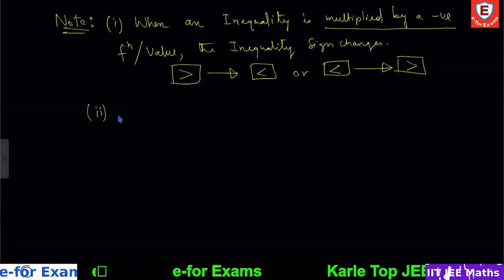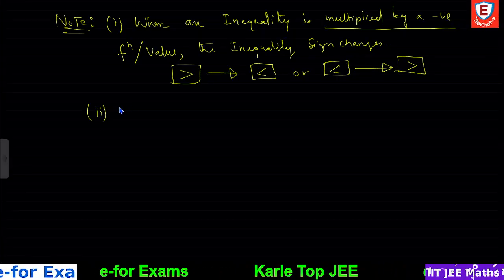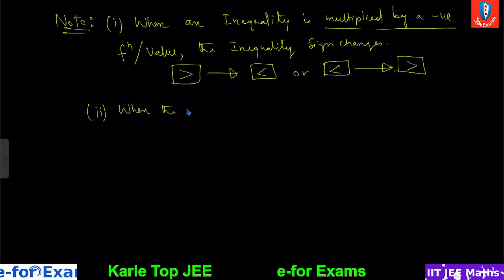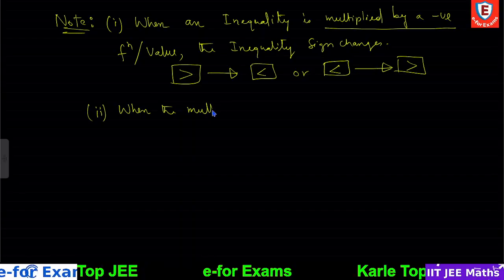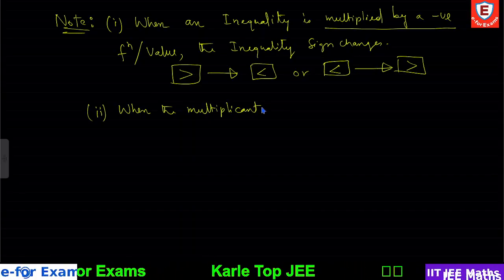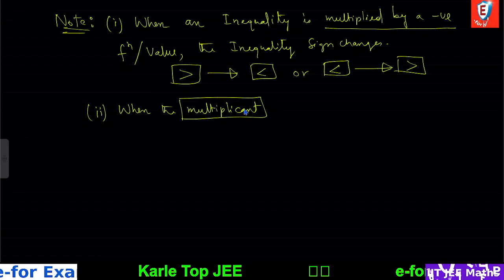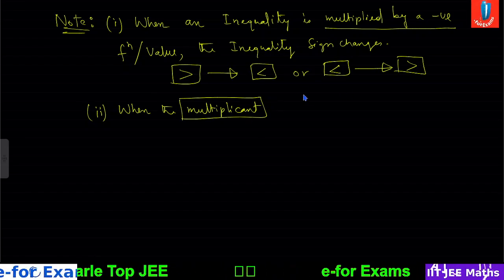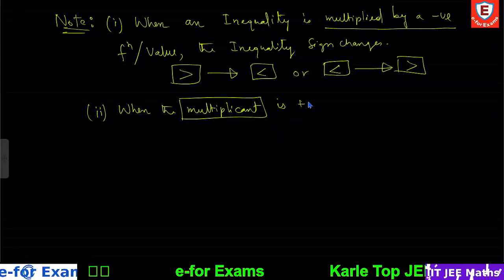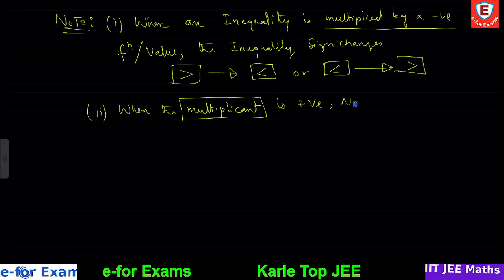Number 2, when the multiplicand, means the value with which we are going to multiply, is positive, no change in sign.